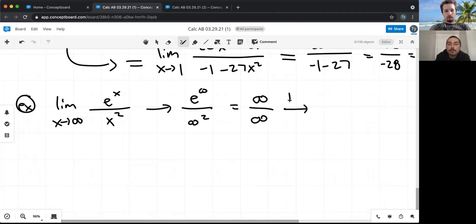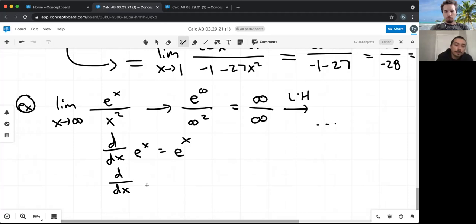Hey, let's use L'Hopital's rule. We take the derivative of the numerator. Derivative of e to the x is e to the x. We take the derivative of the denominator, and that's just power rule.